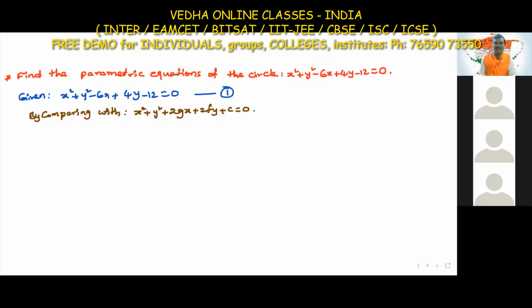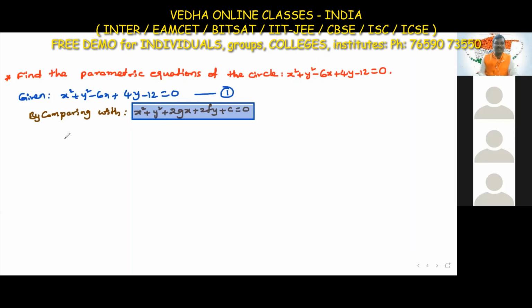X square plus y square plus 2gx plus 2fy plus c is equal to 0. Very good. All of you read. Others also read the formula once. This is very important; we use the formula repeatedly, continuously.